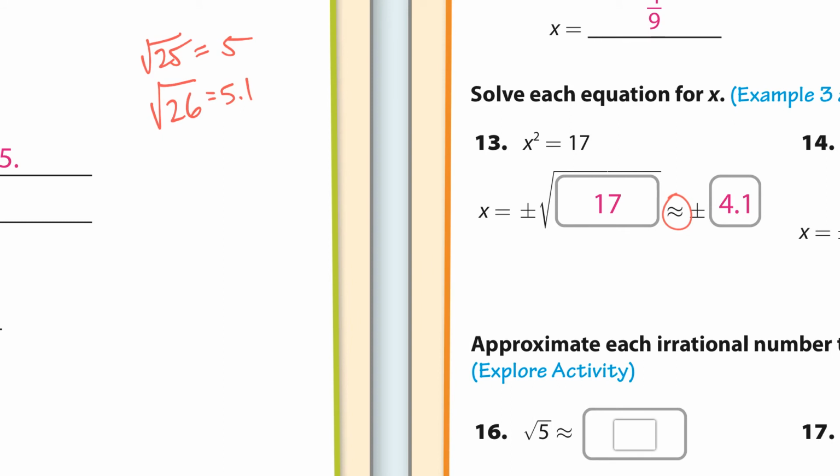Or how about the square root of 48? I don't know what that is, but I know what the square root of 49 is. That's 7, because 7 times 7 is 49. So that means the square root of 48 must be something like 6.8 or 6.9. So that's how you approximate these things, and that's what I did with number 13.